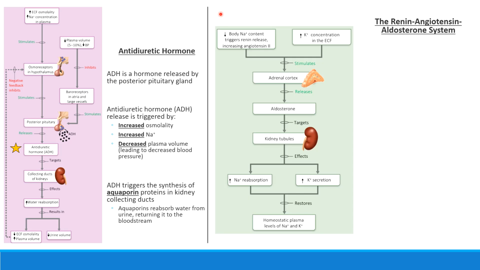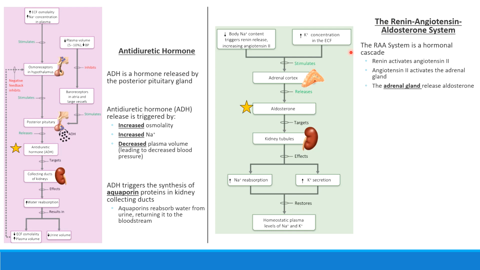Another hormone system that we use when our osmolality is high is the renin-angiotensin-aldosterone system, the RAA system. Now, the RAA system is a cascade, meaning one hormone activates another hormone, which activates the adrenal gland to spit out another one. So we start by secreting renin in the kidneys.